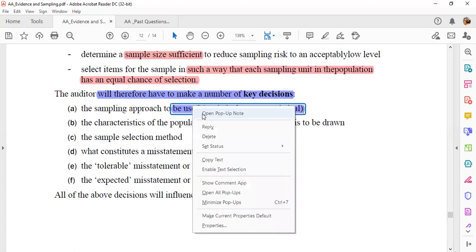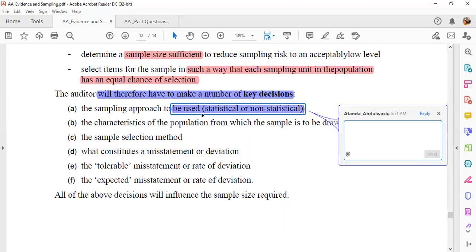Let me open a pamphlet. Sampling approach, or sometimes we call it sampling method, can be divided into two.